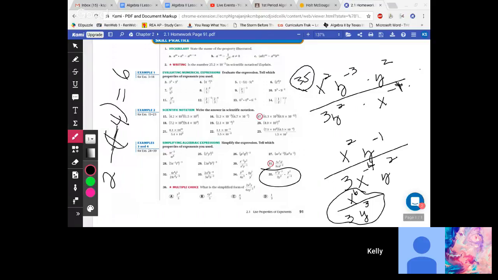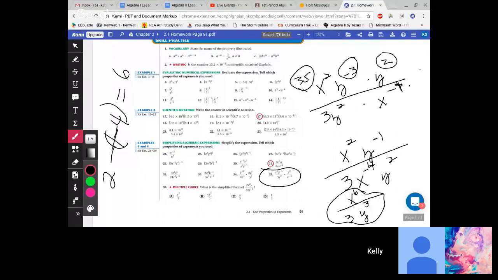But the thought process: I worked out the multiplication part first. So that's why I did the negative 3, like x squared y to the negative third times the y squared. And I just brought the x squared down, and then I combined these two exponents, negative 3 plus 2, which gave me a y to the negative 1 on the top.